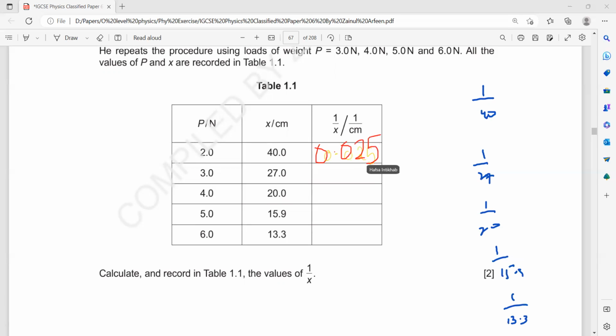0.025. So all the values should be in the same decimal place.